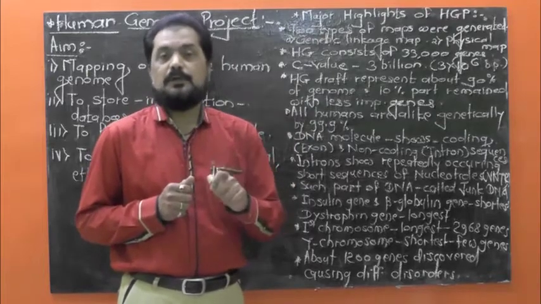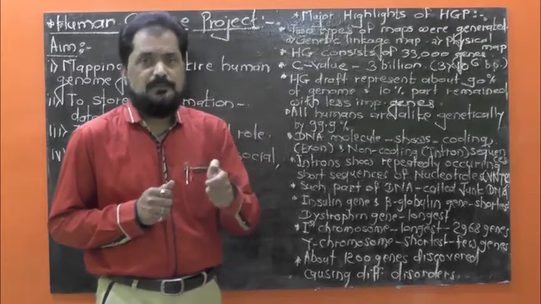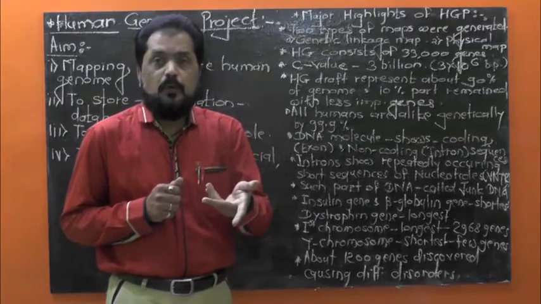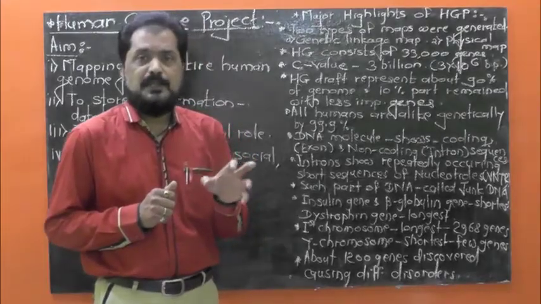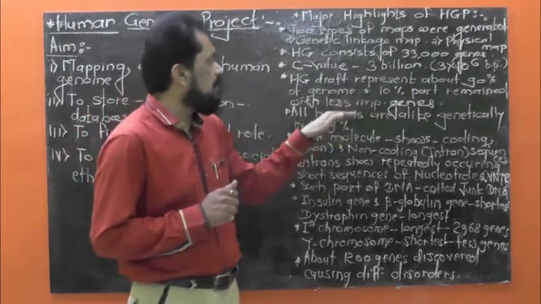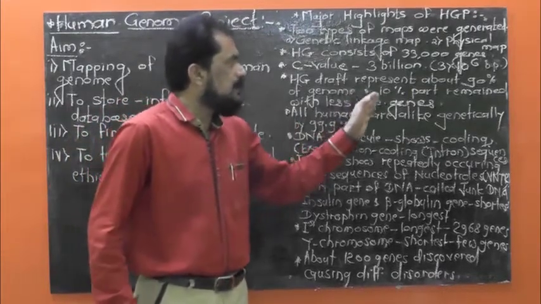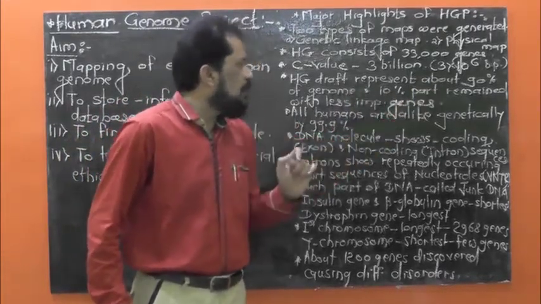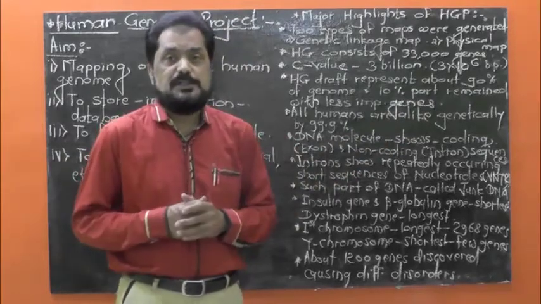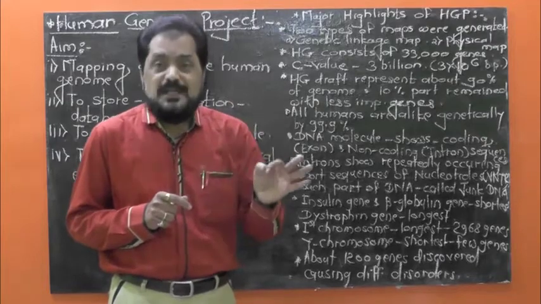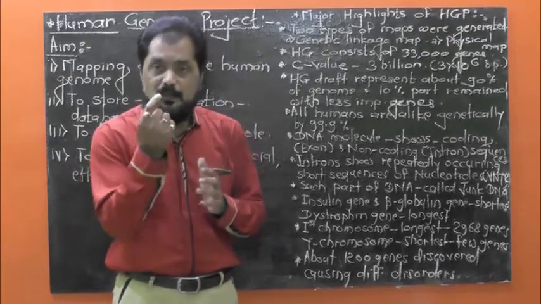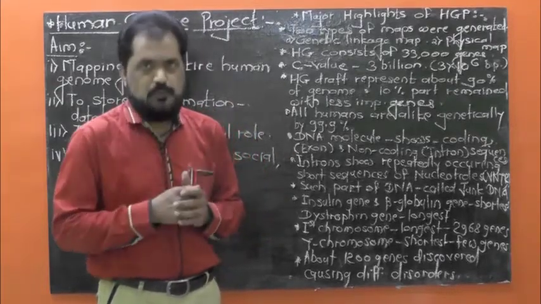It means the human genome draft put forth by the scientists was with the detailed mapping and sequencing of 90% of the genome, and the 10% part remained with less important genes which are present near the telomere of the chromosome and around the centromere of the chromosome.